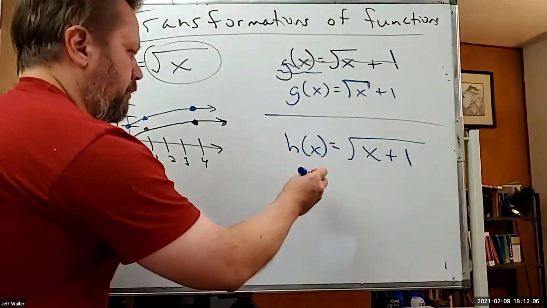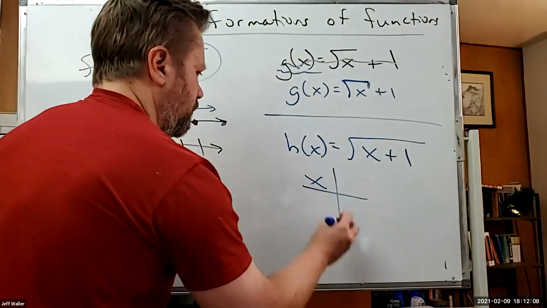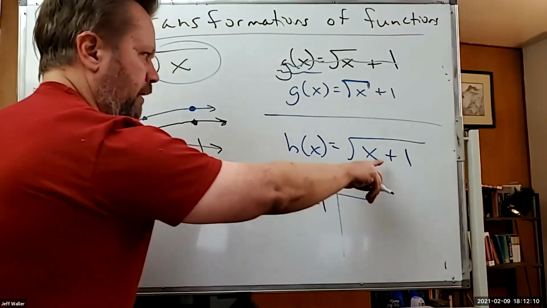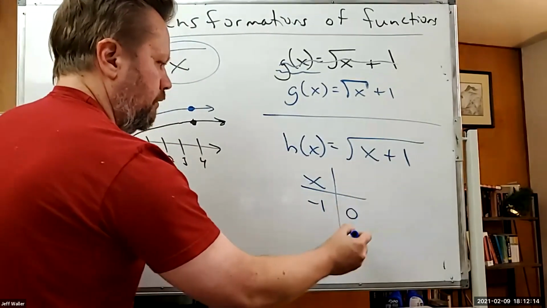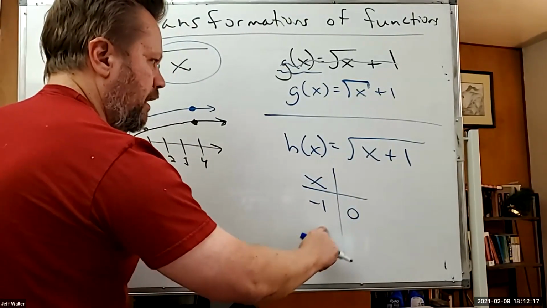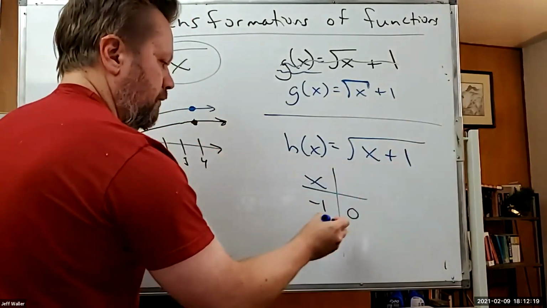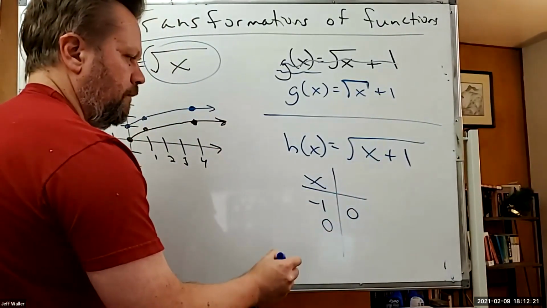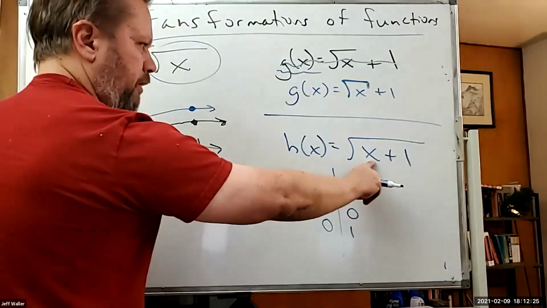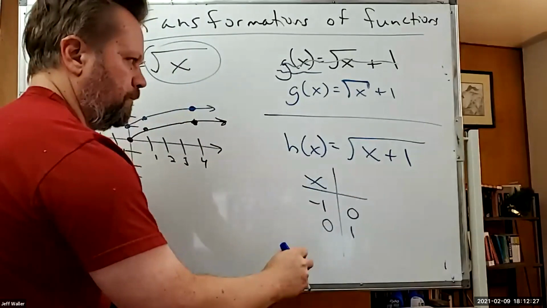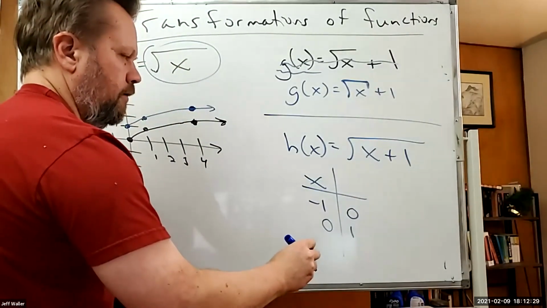All right, so now maybe we should make a table. If I put in -1, what am I going to get? 0. What do I put in there to make there be a 1 inside? I put a 0 in there, right? So I get square root of 1, which is 1. What do I put in for x to get 4 inside? 3.